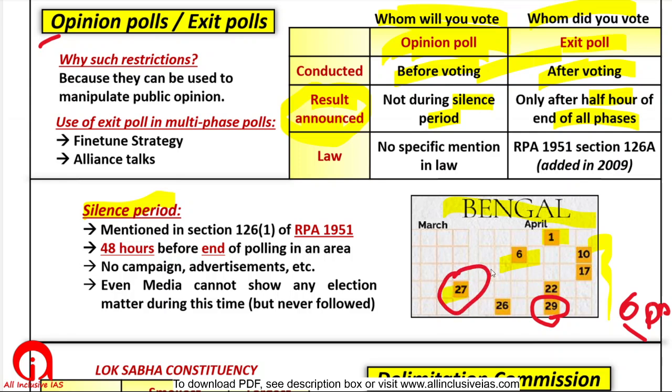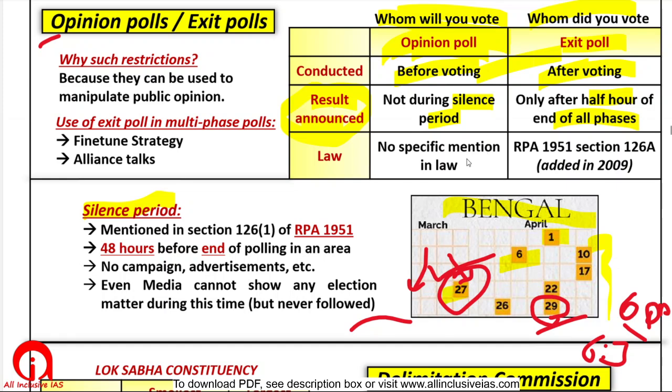Media houses would have done the survey on 27th March itself, but they will not announce the result. When people voted on 27th, they came out of their polling booth, media houses asked them the question, but they will not show the result. They will show the result only from 6:30 p.m. on 29th April, that according to the exit poll, such and such party is going to form the government.